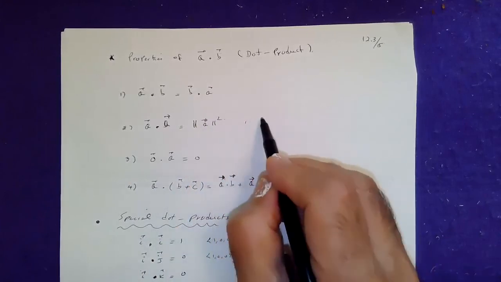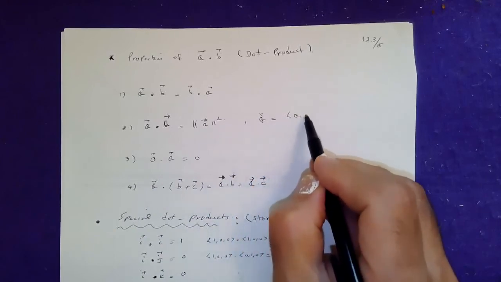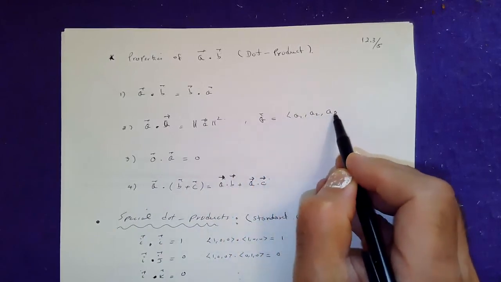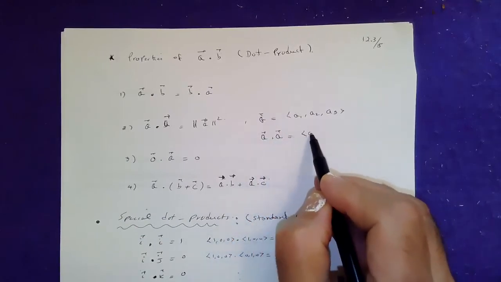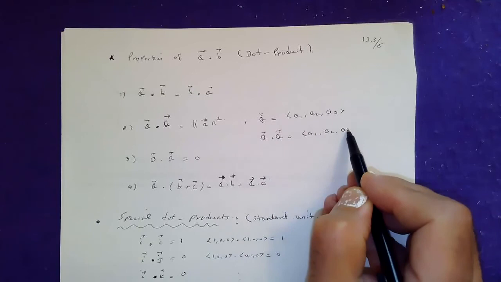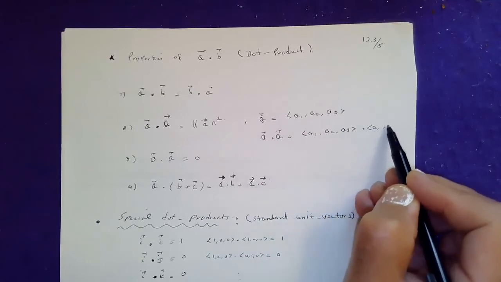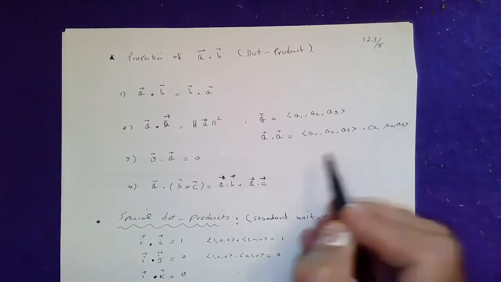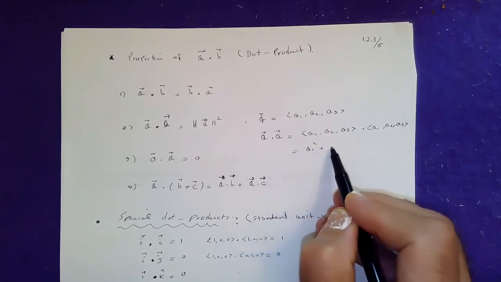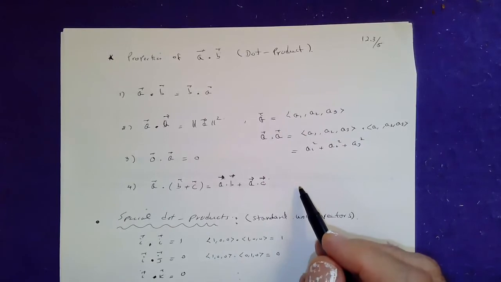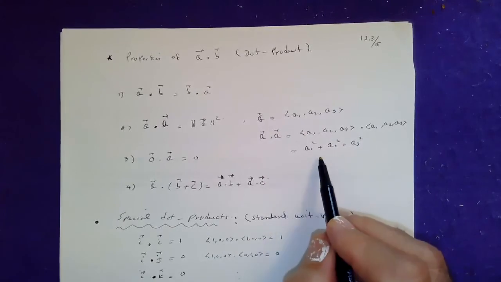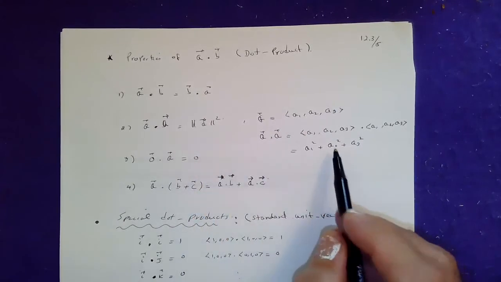How is that? Because if A is equal to, let's say, A1, A2, A3, and I take A and dot it with itself, A1, A2, A3, dot it with A1, A2, A3, I get A1 squared plus A2 squared plus A3 squared. But that's exactly the magnitude of A squared.